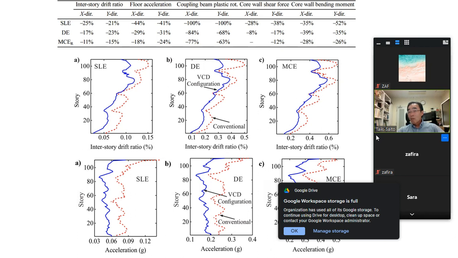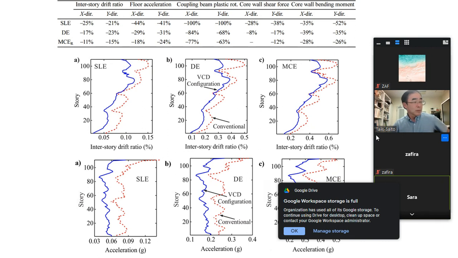For example, the maximum value of the peak inter-story drift in the Y direction is reduced by 21% under the SLE, 23% under the DE, and 15% under the MCE level ground motion when compared with the conventional building.